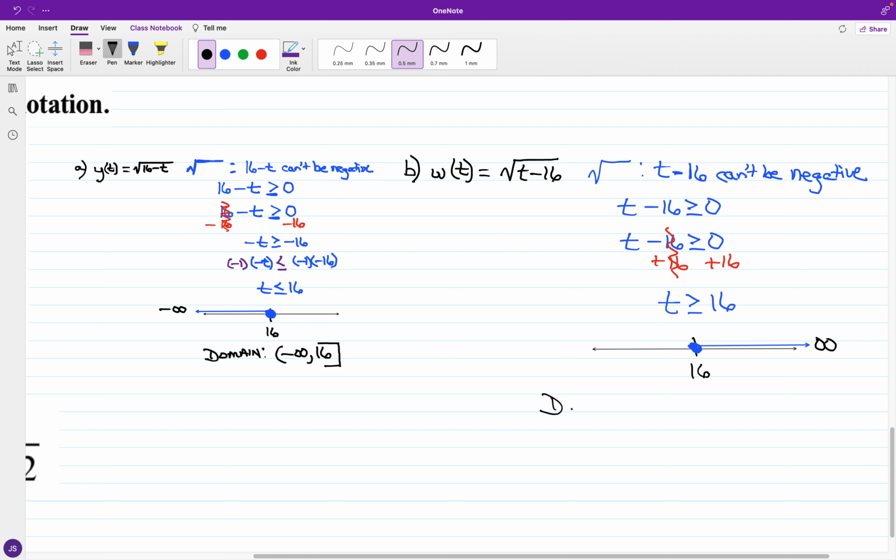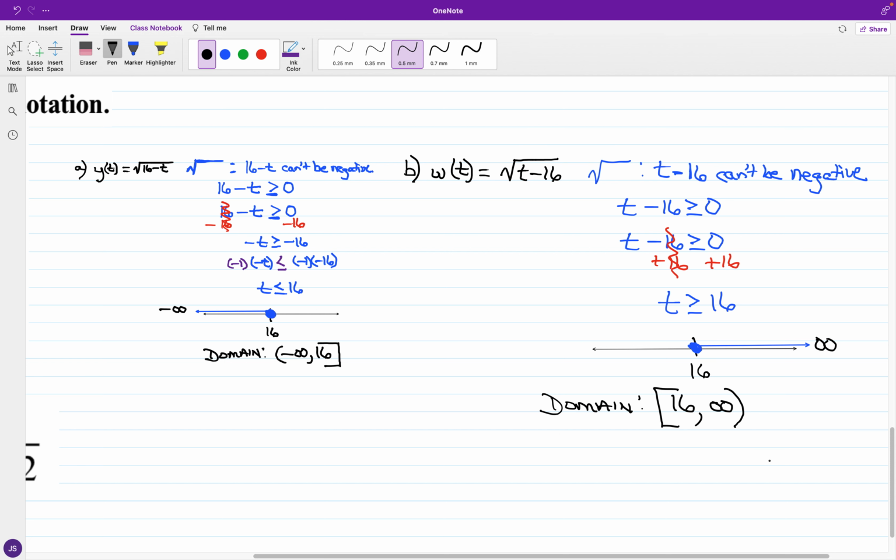In this case, for the domain, we have 16 as the lower limit, and it is included, so that is going to be in the bracket. And we have the upper limit to be positive infinity. Again, infinities remain in parentheses.